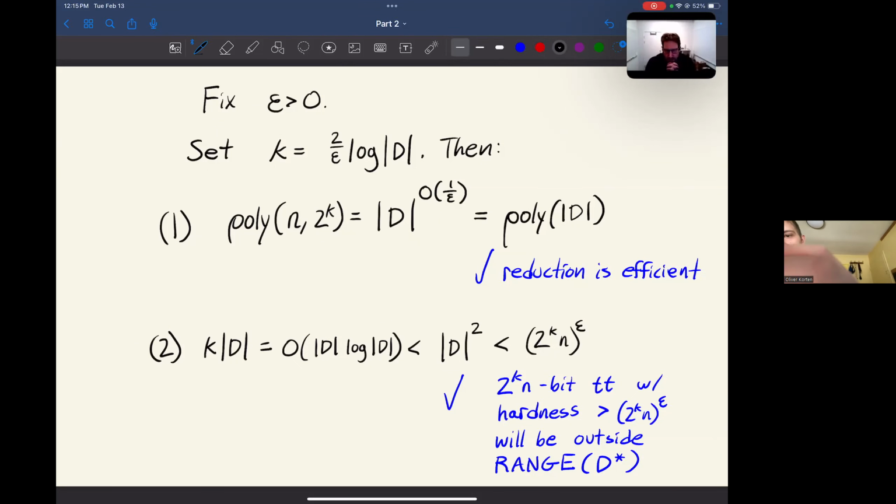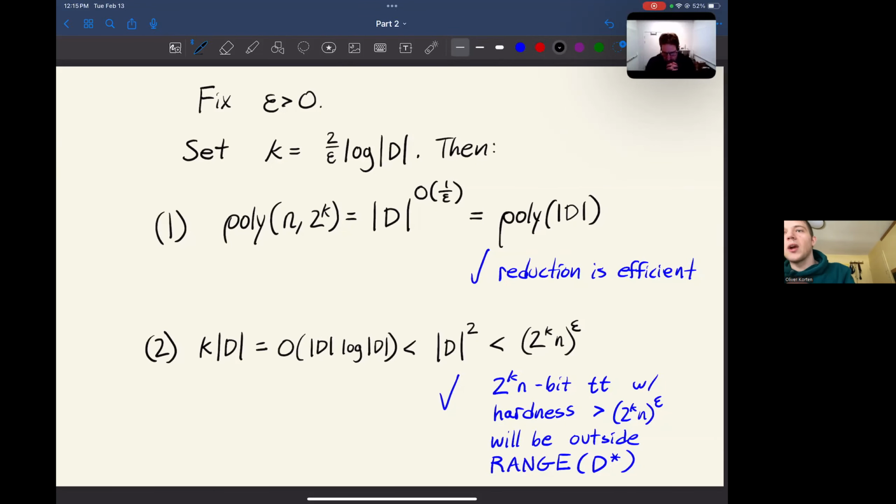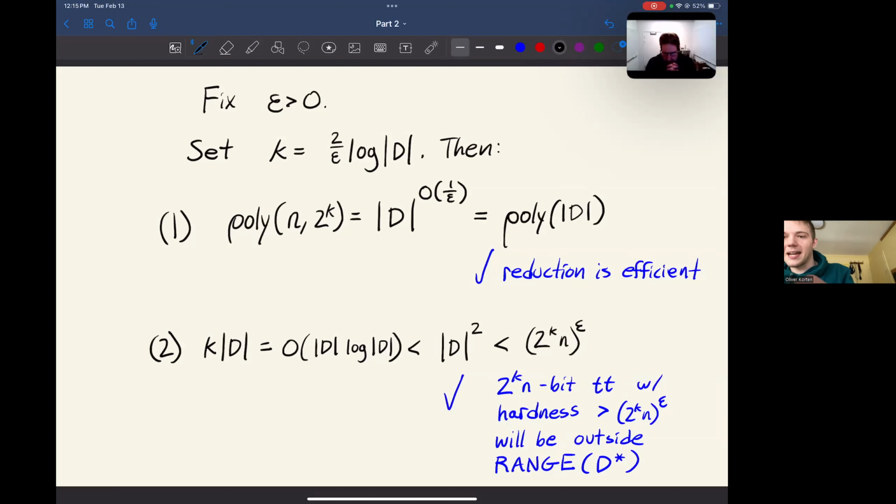But on the other hand, everything in the range of d star has circuit complexity k times d, which is at most, based on what I set k to, the output length of d star raised to the epsilon. So in other words, any 2 to the k times n bits truth table whose hardness is at least its length raised to the power epsilon must be outside the range of this function d star.